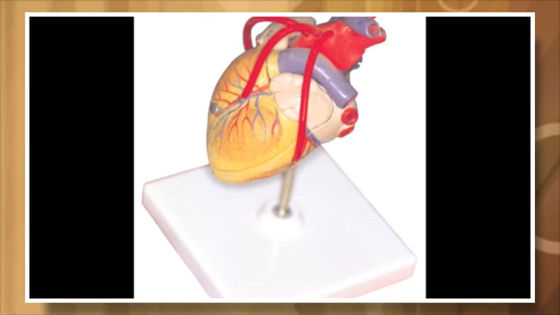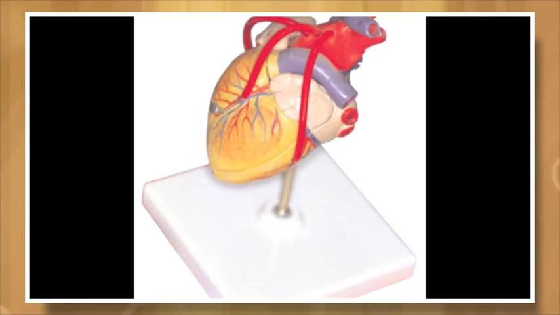Let's review the blood flow one more time. The deoxygenated blood enters either through the superior or inferior vena cava into the right atrium. It passes through the tricuspid valve into the right ventricle. It then goes through the pulmonary valve and up through the pulmonary artery to the lungs for oxygenation.